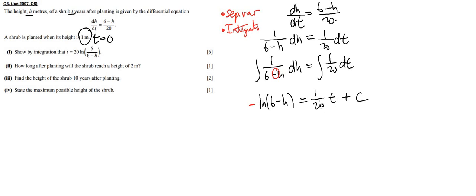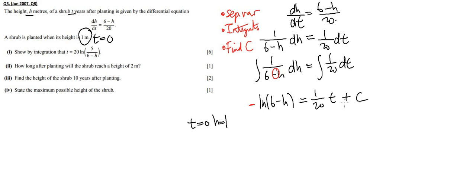Okay, so now that's good. They've given me an example, which is when it's planted, t is 0 and height is 1. So now I need to find c, using the example I'm given: t equals 0 and h equals 1.